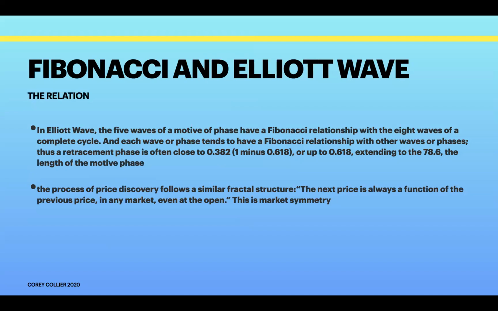The ABC, the other 3 wave count, that's the retracement. There's a relationship with that. So depending on where the retracement retraces to, whether it's the 382 or the 618, you can expect that move to a certain extension level. And that's because of market symmetry. The market likes to move in symmetrical moves.